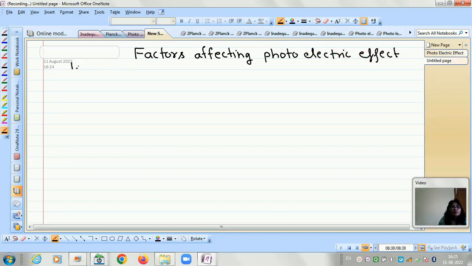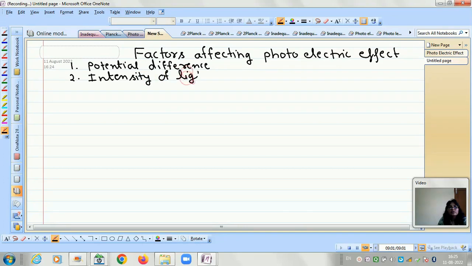So the first is the potential difference, which we have seen, applied between cathode and anode. And then second is the intensity of light. Then third is the frequency of light.